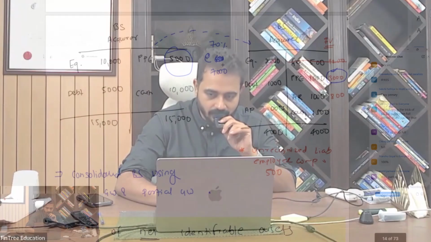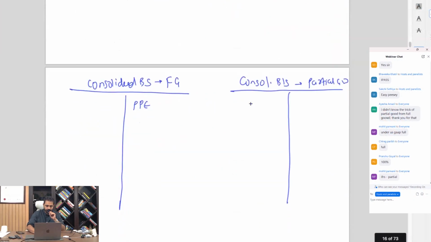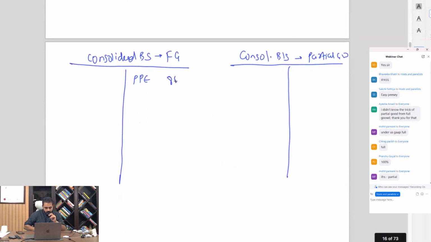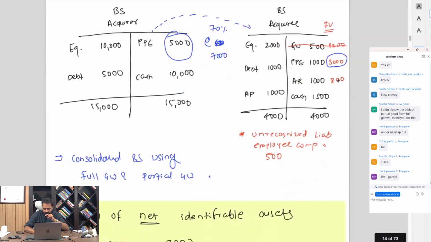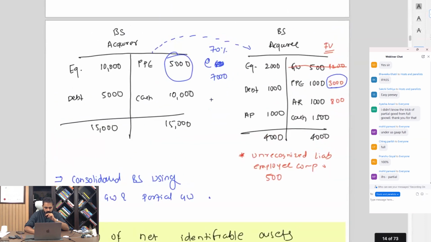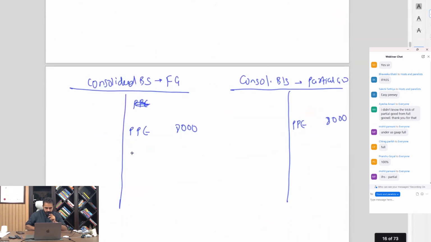Getting it? So now I'm just going to add the whole of 3,000 here. 5,000 plus 3,000, 8,000. So PPE 8,000. Leave some space here. I'm writing it in both places. It's the same. Then next, I have accounts receivable 800, in both.